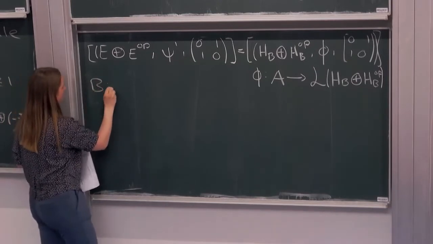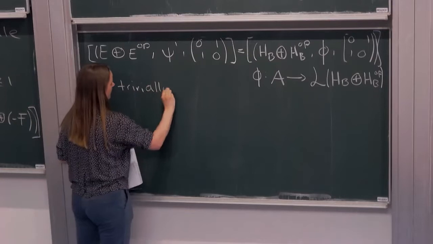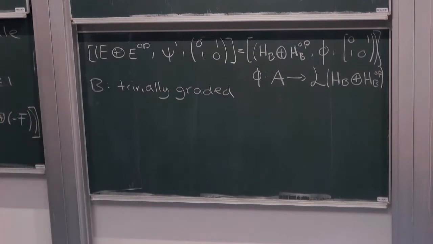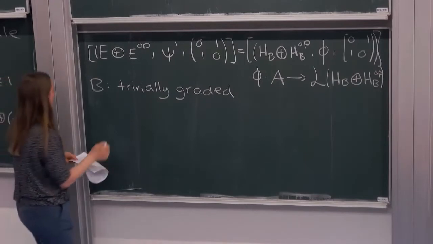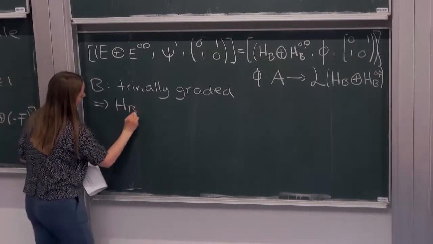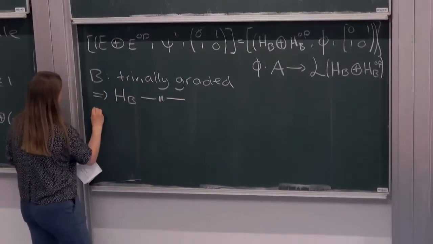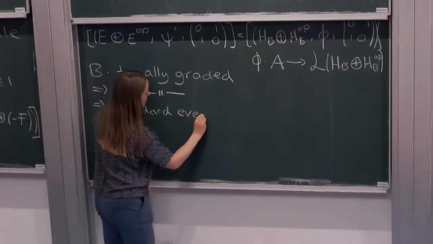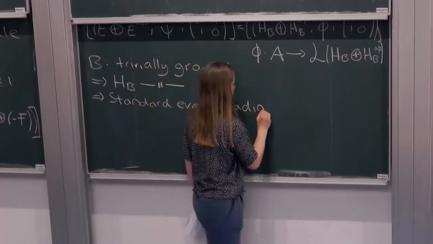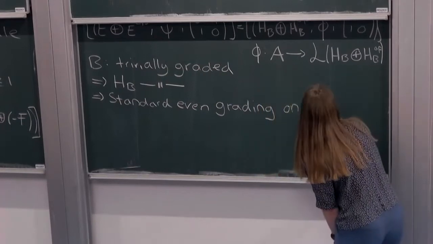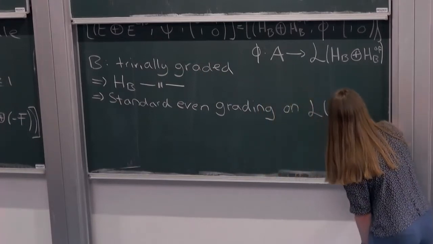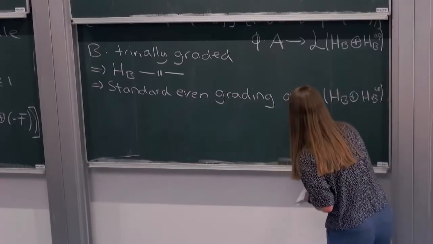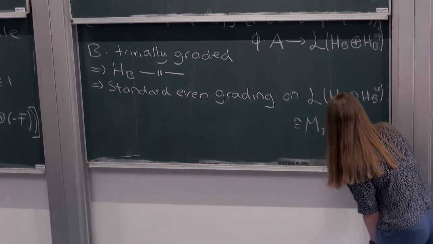So if B is trivially graded, then HB will also be trivially graded, which means that we obtain the standard even grading on L of HB plus HB, which is the same as the 2 times 2 matrices over L of HB.